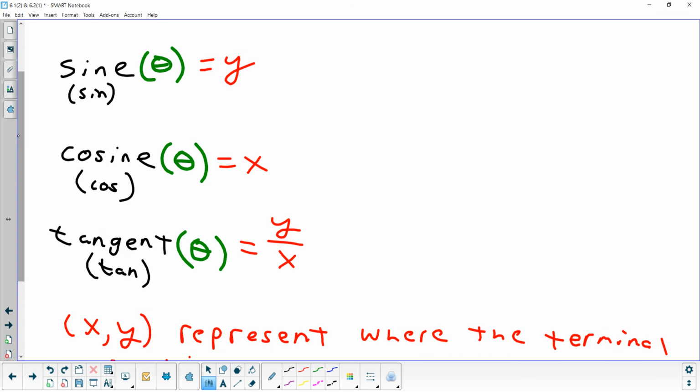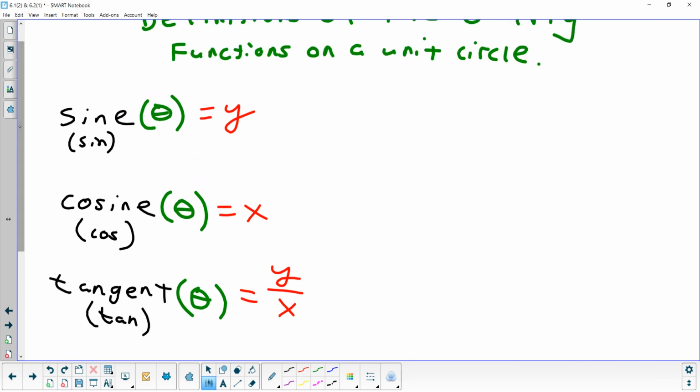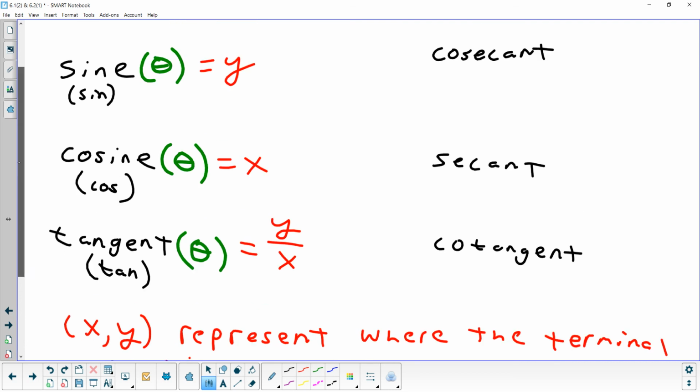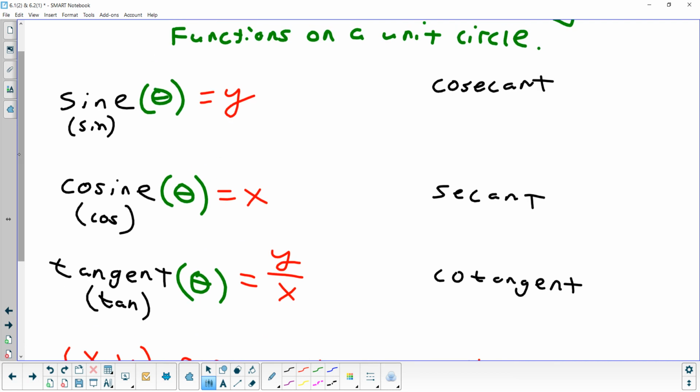All right. The other three trig functions are cosecant, secant, and cotangent. Usually an abbreviation uses the first three letters. We ran into a little problem with cosecant. We've already used the first three letters of that for cosine. So the way they abbreviate cosecant, CSC, they just go by syllables.